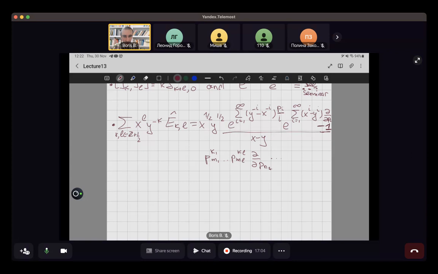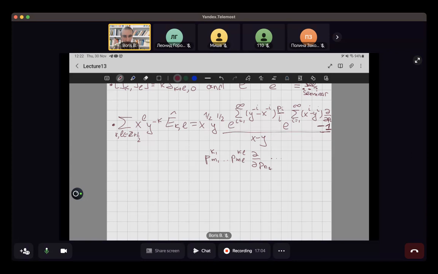And usually, if you have plenty of time, then you define this E_{KL} hat in some different way, and then prove this huge formula.